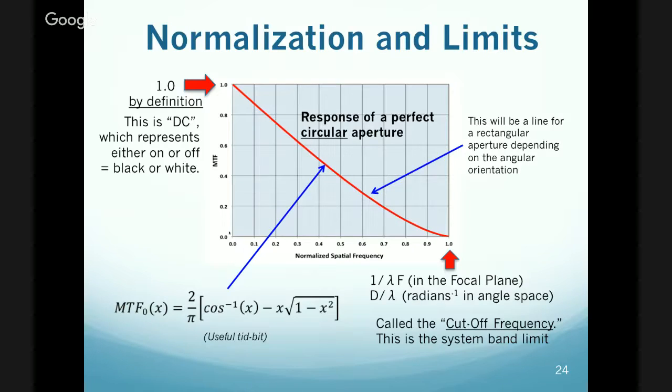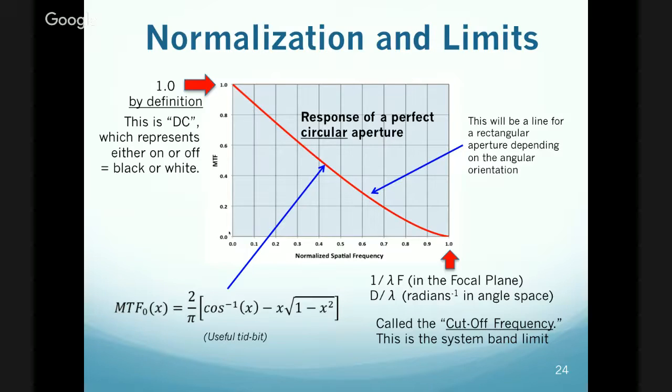So that's out in object space, out in front of your telescope. And that normalized spatial frequency at 1 is called the cutoff frequency. That's the band limit for the system. You can't transmit any spatial frequency higher than that. I put the formula there for the circular aperture, if anybody wants to plot it themselves.